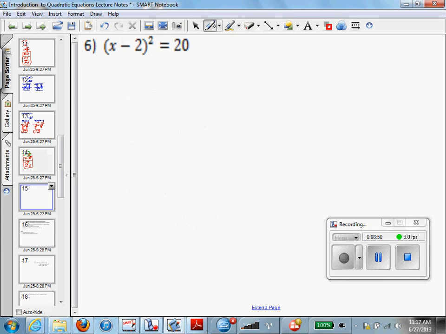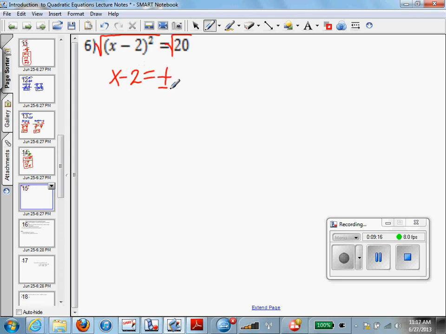Okay, in our final example in this problem set, we have the quantity x minus 2 squared equals 20. So to apply our square root property, let's take the square root of both sides, and the effect is to cancel out the square root and the squared, and it's going to leave you with x minus 2 on the left side of the equation.